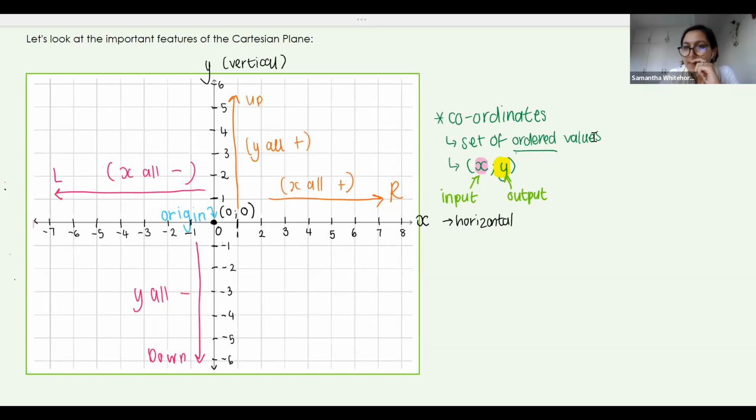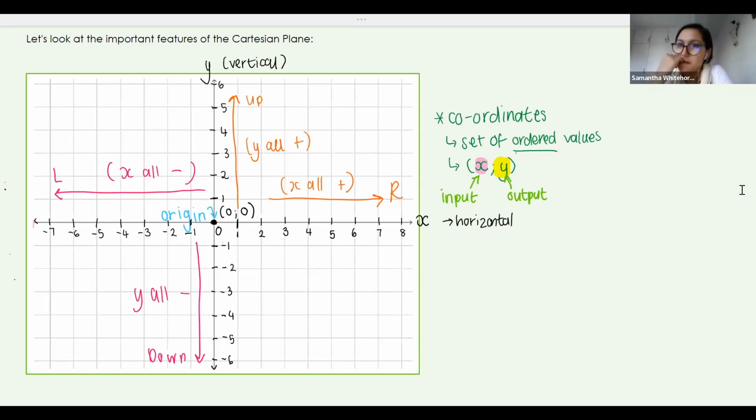Ma'am, it's fine. But then, ma'am, what I wanted to ask is, as you said, the input and the output, the y is on the vertical and the x is on the horizontal? Yes, ma'am.